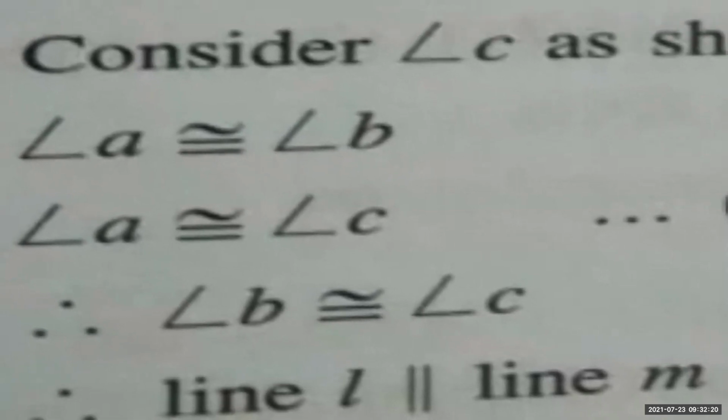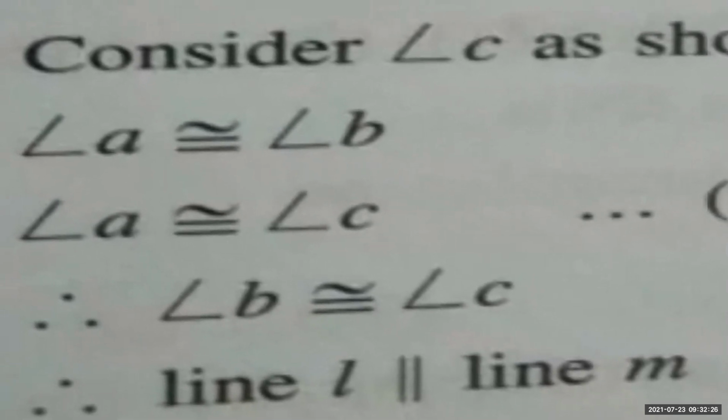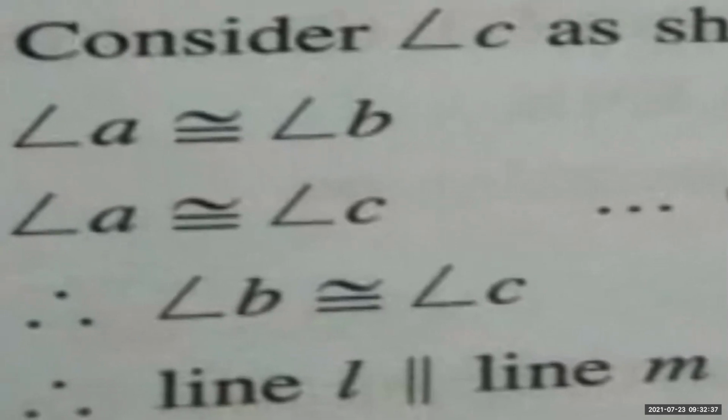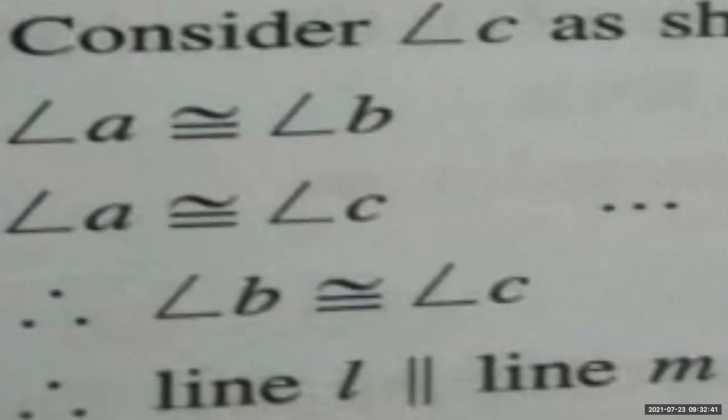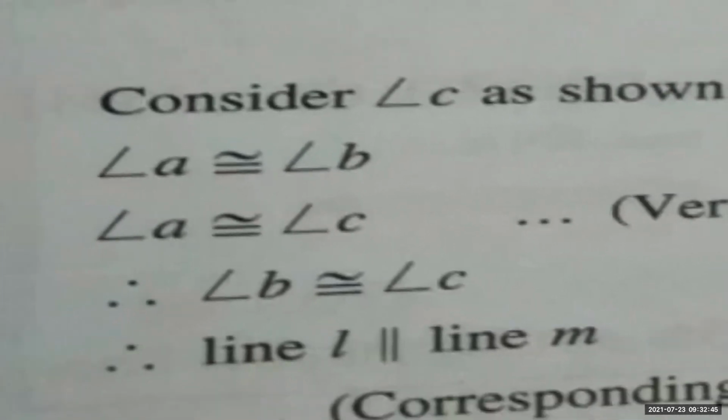So we can write here angle B congruent angle C. Okay, इक्वेशन को देखो यहाँ पे, if angle A and angle A are both the same in both the equations, the right side, both the angles, that is angle B and angle C, those are also congruent to each other.